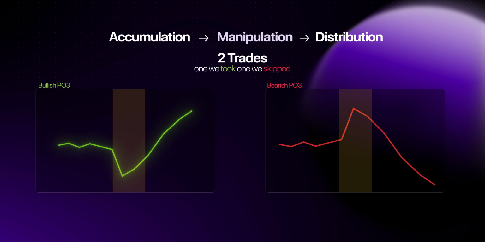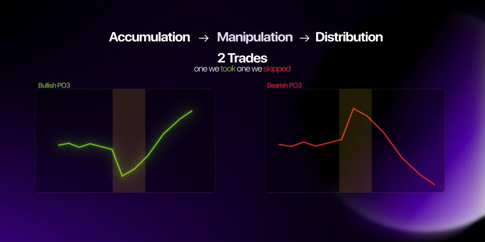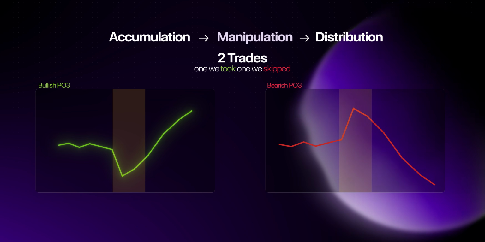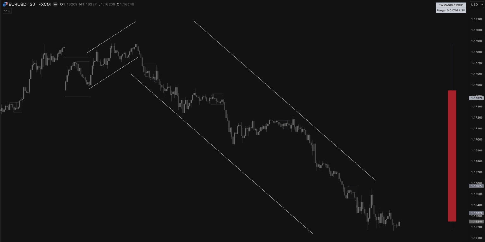So first, let's break down what PO3 actually is, and if you're already familiar with it, you can skip ahead to the trade examples. There are two concepts in play here. One you might have already heard of, which is accumulation, manipulation, and distribution.